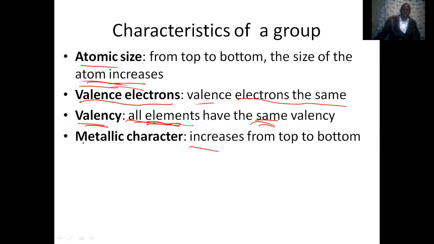Why? It's because the further away the electron is from the nucleus, the easier it is to be knocked off during a reaction, and therefore it is easier to lose an electron for an element with many shells.